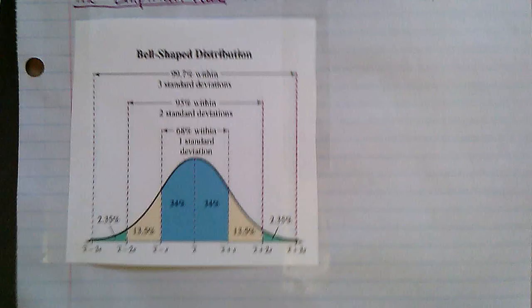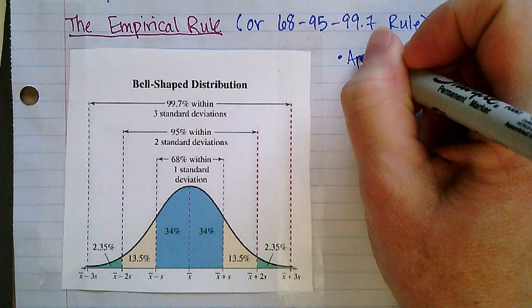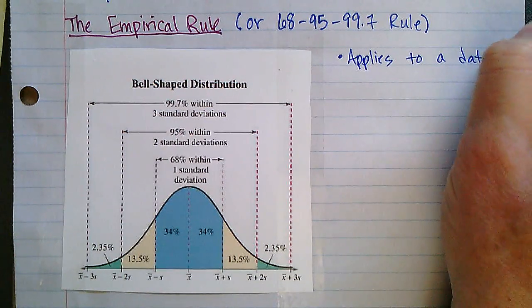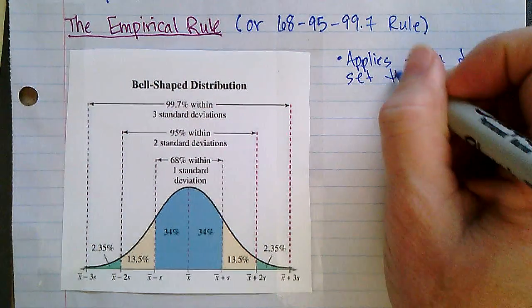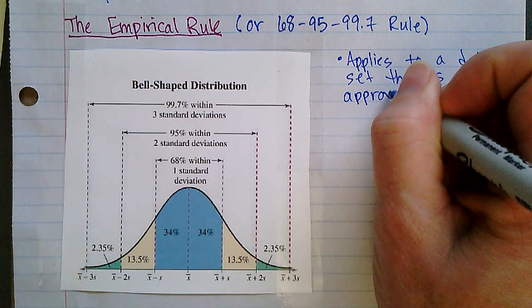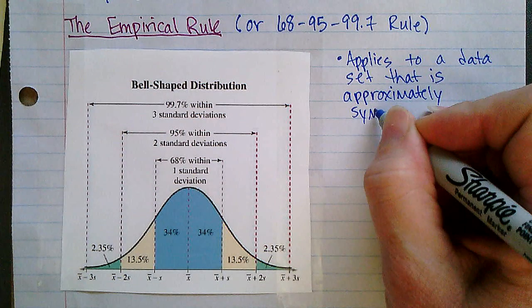So the guideline for the empirical rule is that it applies to a data set that is approximately symmetric and bell-shaped. It doesn't have to be perfect.